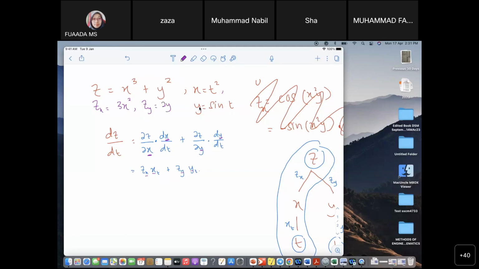And the other one, Xt, dx over dt, 2t, and dy over dt will give you cos t. So we substitute all the expression that we obtained. So Zx 3x squared times Xt, you got 2t, plus Zy 2y times Yt, you got cos of t.